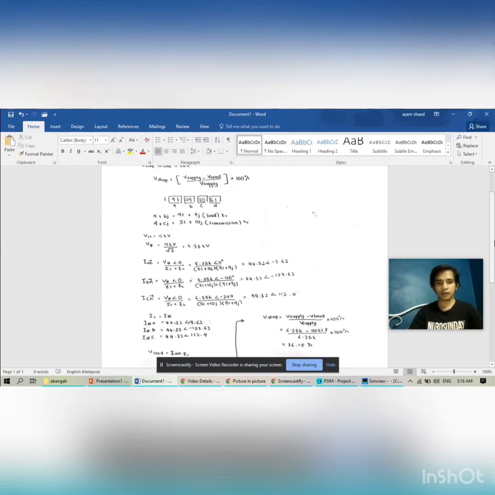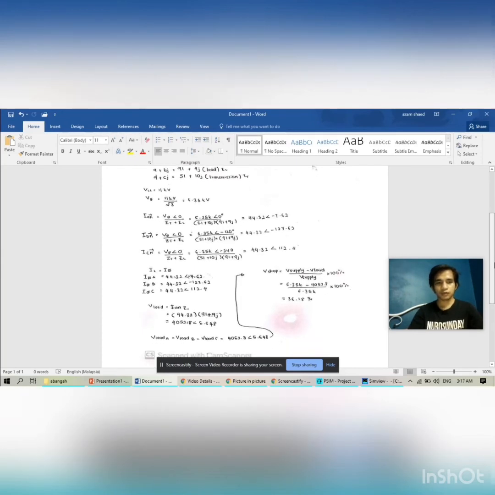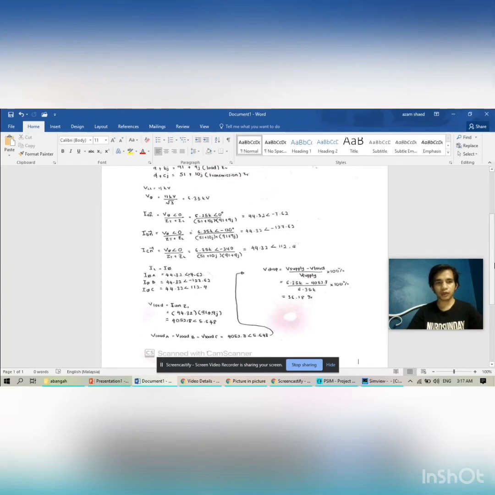For ZT, I got 51 plus j10. For V line, we use 11 kilovolt as given in the rubric. Next, we find V phase: 11 kilovolt divided by square root 3. The answer is 6.35 kilovolt.